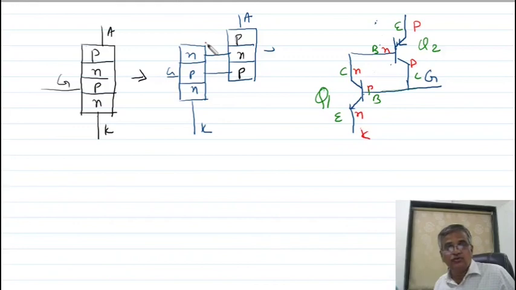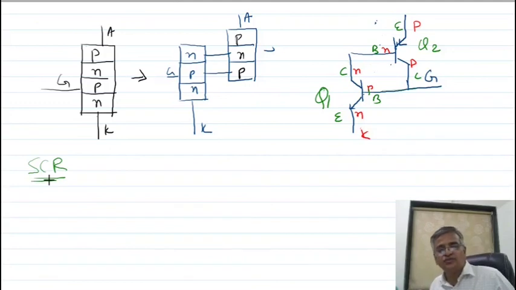So where is the use of the silicon controlled rectifier, SCR? SCR is used in controlled rectification, meaning you can control the rectification with the help of SCR. With the SCR, you can vary the AC or DC power passing through the load.